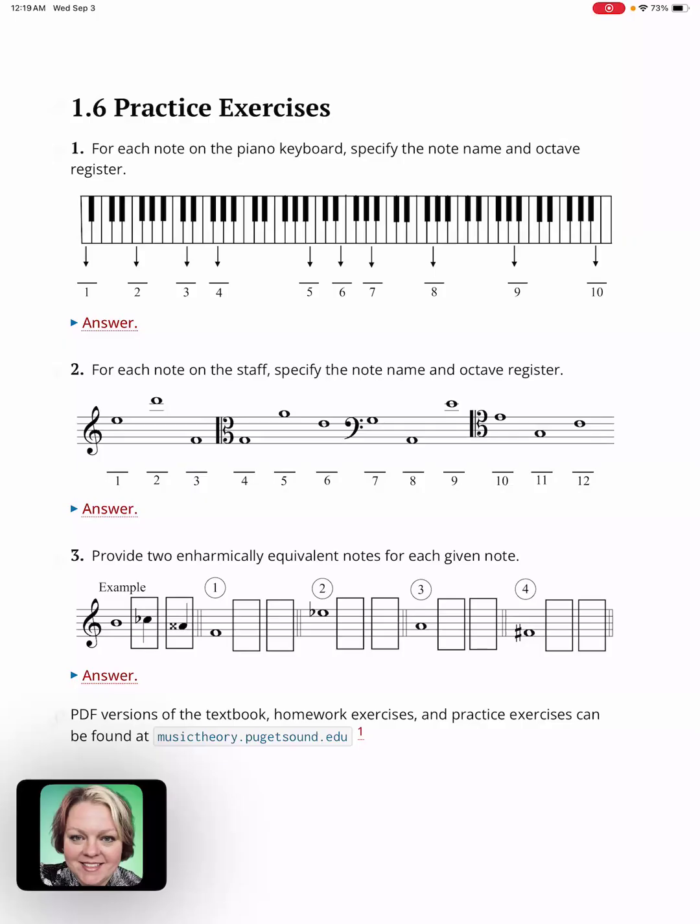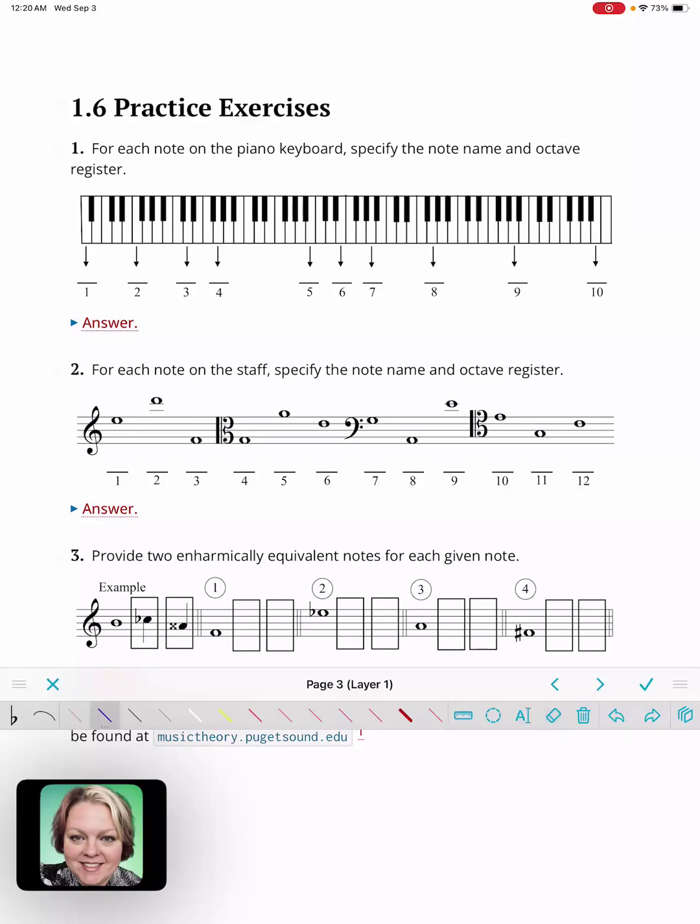Now in section 1, at the top, it says for each note on the piano keyboard, specify the note name and octave register. You will do something like this on the quiz. The difference is you will not be expected to name the octave register. You'll just have to label the notes.